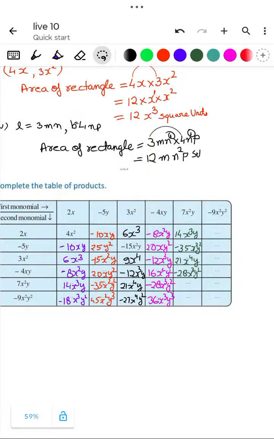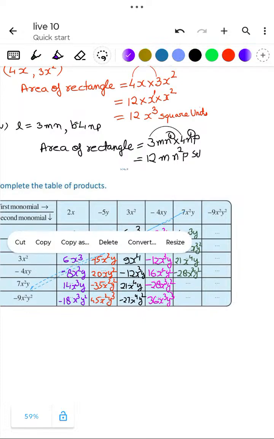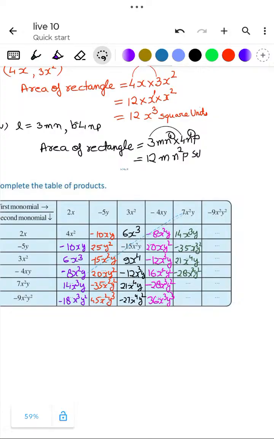Now next is 7x square y into 7x square y. And the last one is 7x square y into negative 9x square y square. So let's see what the answer will be. 7x square y into 7x square y.